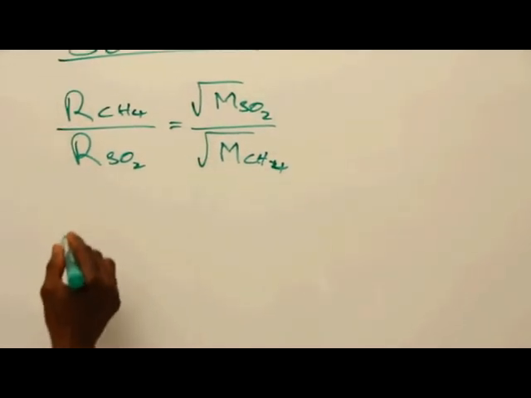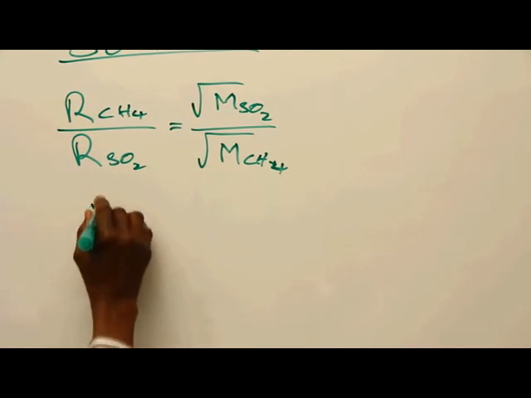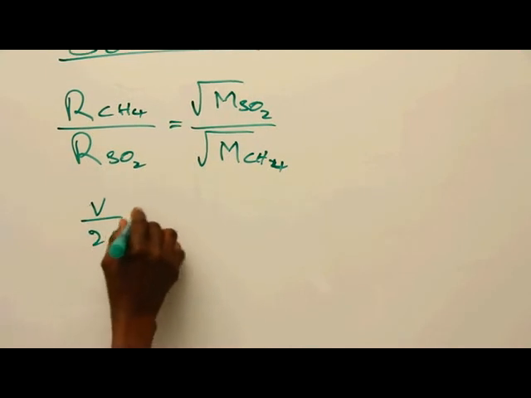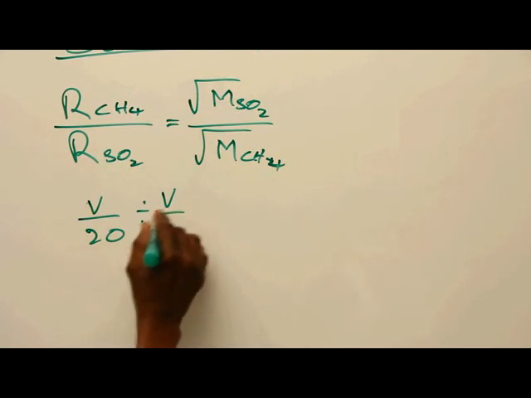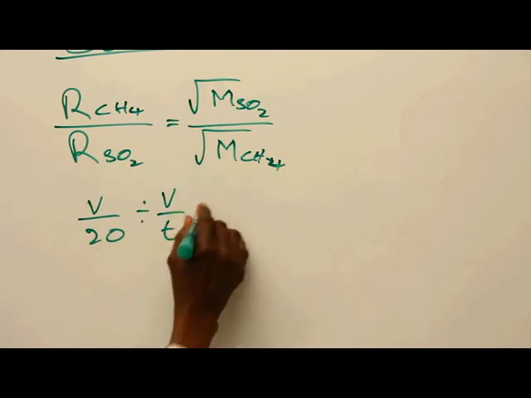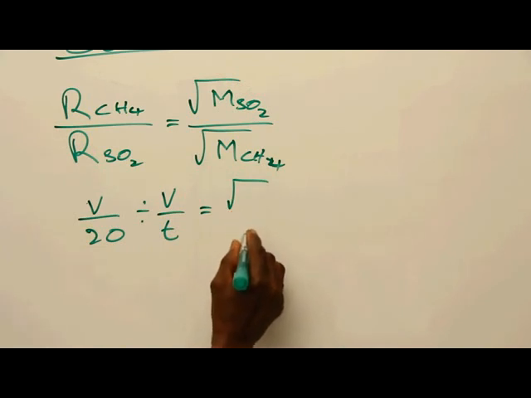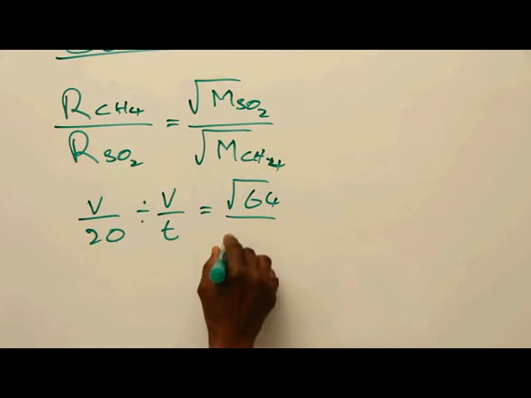Now, rate of diffusion of methane, let's assume that the volume of methane is V, over 20, divided by rate of diffusion of sulfur 4 oxide. Let's assume that the time is T.